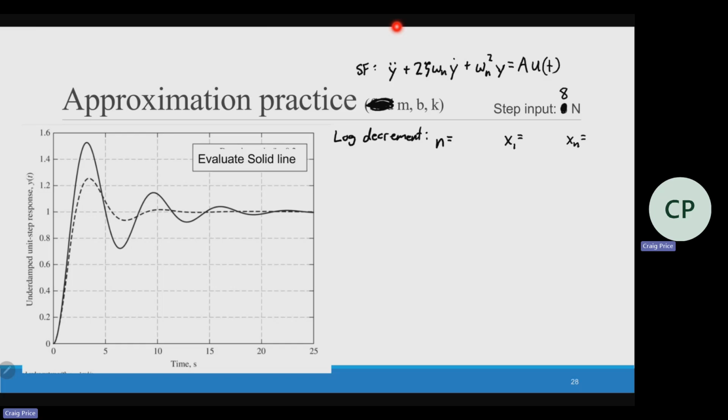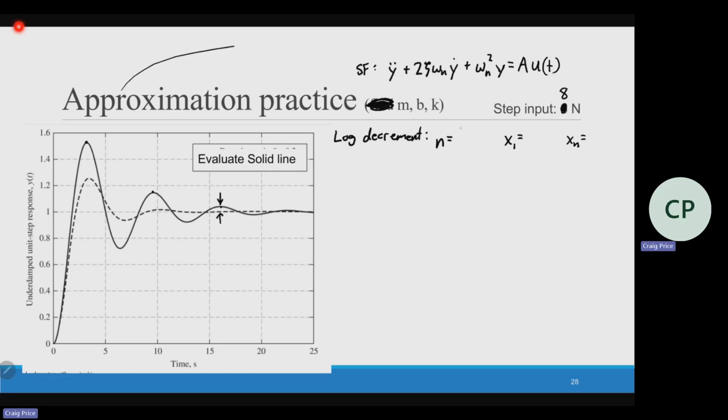For those of you who may not know, what does the n stand for? Well, it's the number of peaks that we have before we reach steady state. We have one peak, that's peak 1. We got 2. We got 3. I think 3 is great.